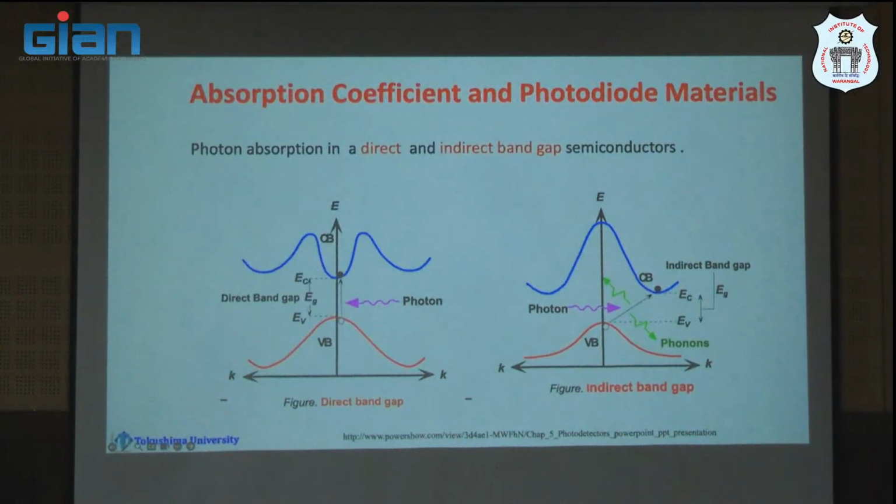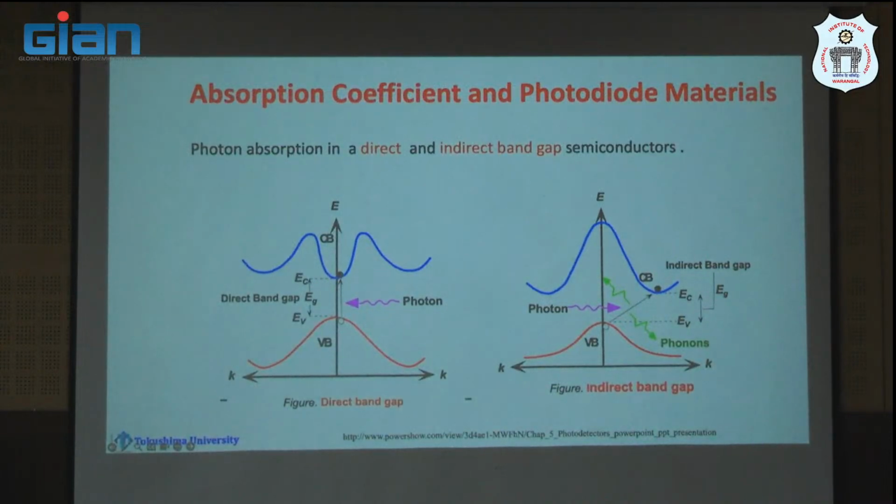So the absorption coefficient and the photodiode material: when the light is coming, to detect that, in the process of light detection, which type of material has been used. Whether light passes, it shows direct band gap or indirect band gap emission.